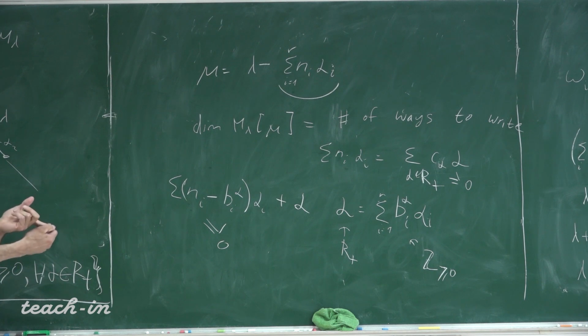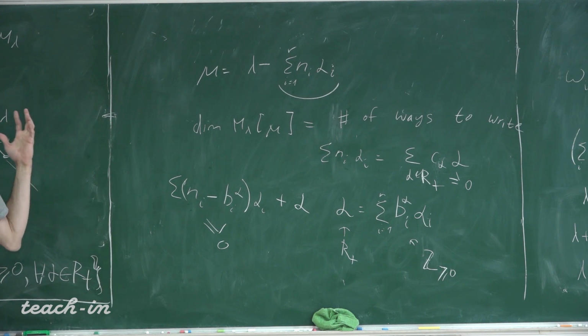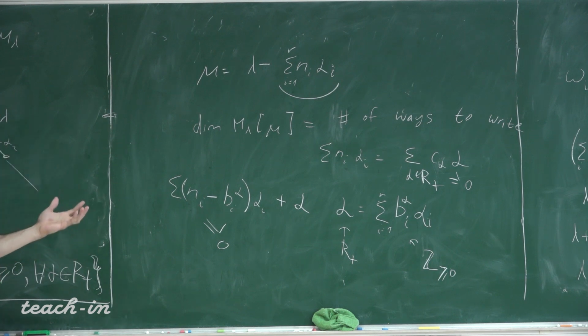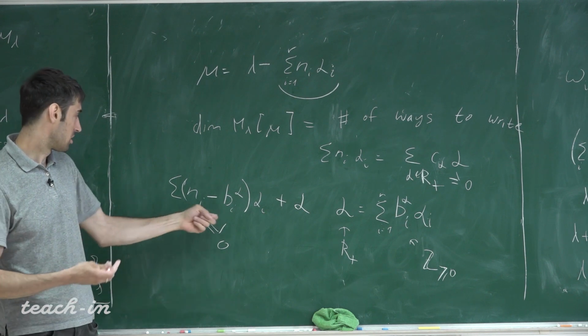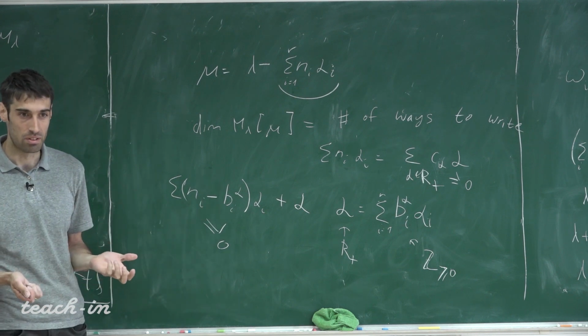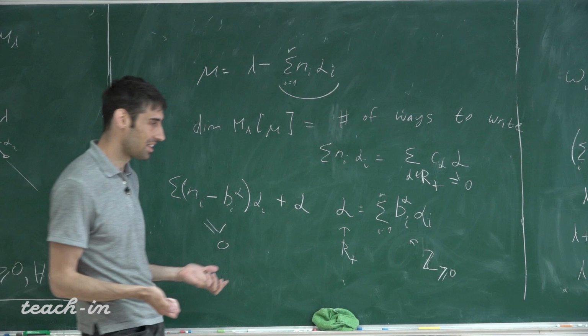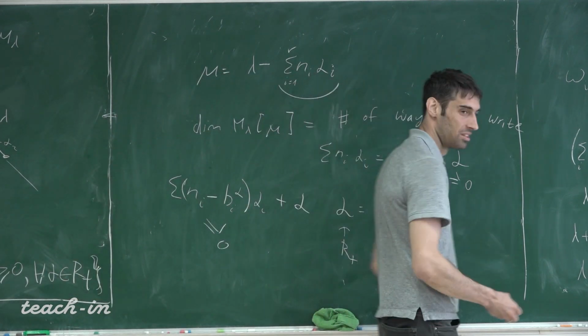You subtract one positive root, then another, a third one, and there's only a finite number of ways to subtract positive roots from this sum such that the coefficients are positive. And this proves this problem.